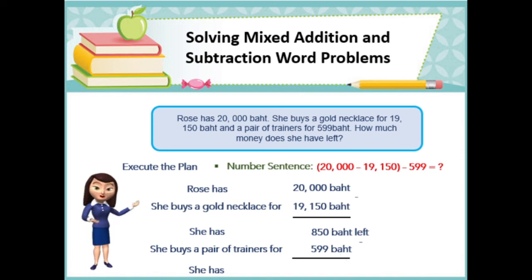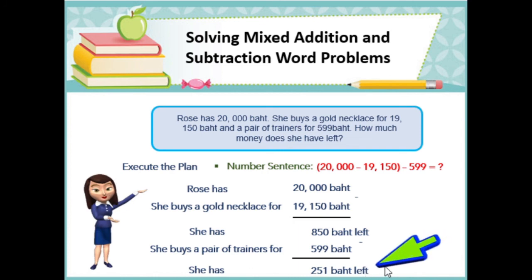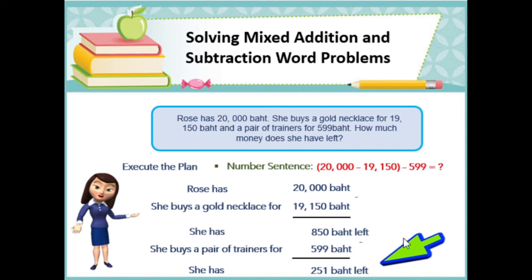After subtracting, we get 251 baht. And now, after buying the necklace and the pair of trainers, she has 251 baht left. So this money is the money left after buying the two goods. Okay? Now let's go to the final and last step.